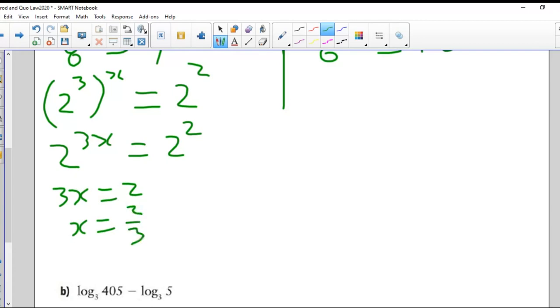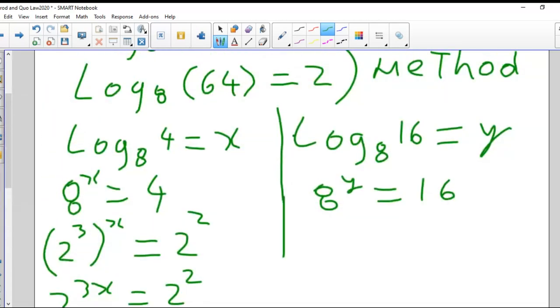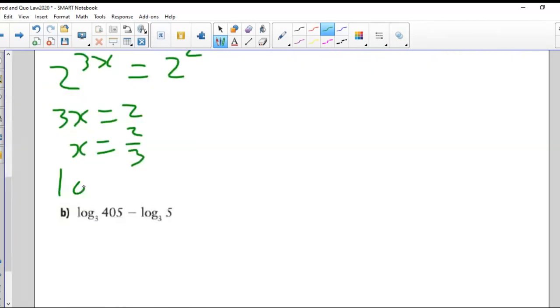So here's what this means. Let me take you back to what we were asking before. What's the log base 8 of 4? The log base 8 of 4 is 2 over 3, because that's what x is.